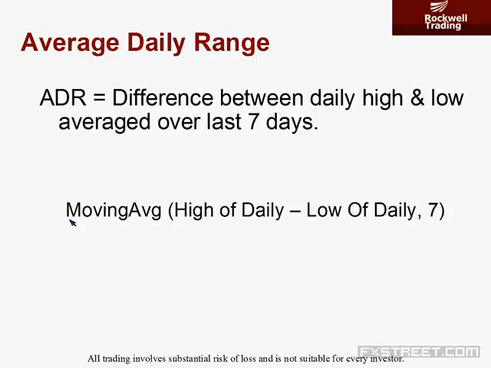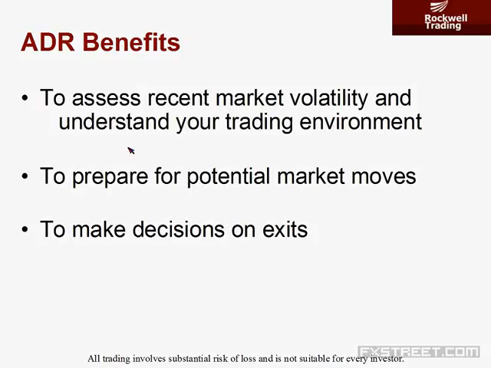So what do we do with the average daily range? Well, there are a few benefits and a few things that I get out of using the average daily range and understanding it. The first is to assess recent market volatility and to understand your trading environment. Now, when you start to do that calculation, and by the way, I have it calculated in my software program, so every day I can see exactly what the average daily range is. It's calculated for me.